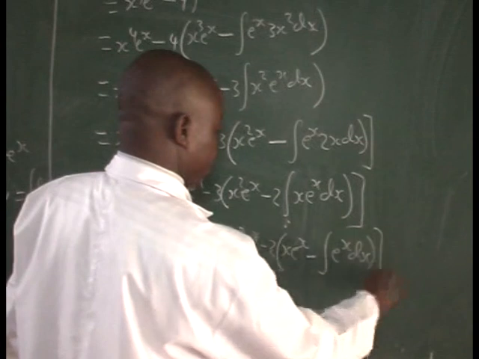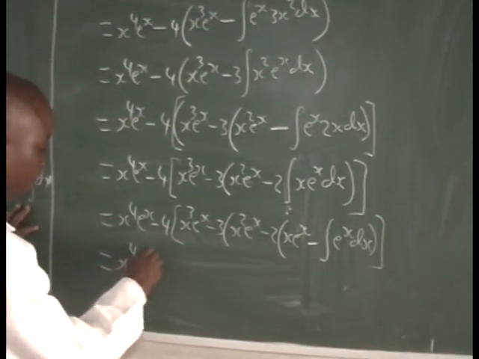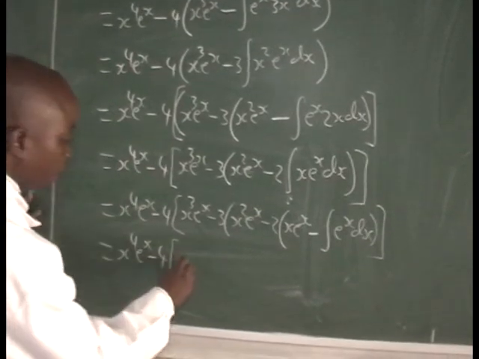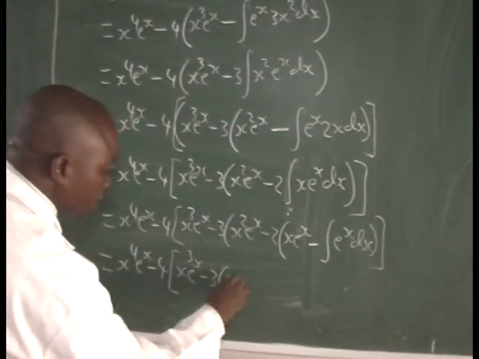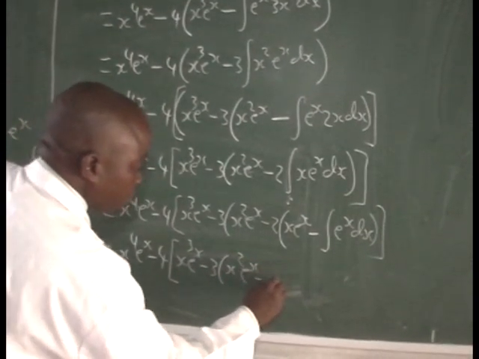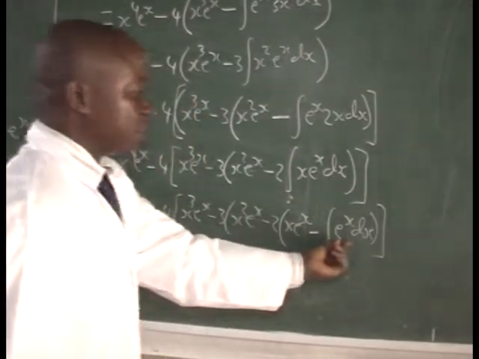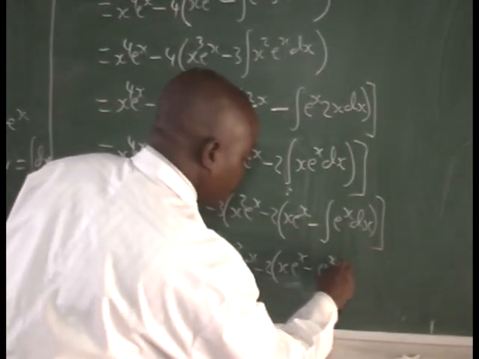Alright, so we have x raised to the power 4 exponential x minus 4, then we have x cubed exponential x minus 3, x squared exponential x minus 2, x exponential x minus, you integrate this, and if you integrate here you have exponential x.